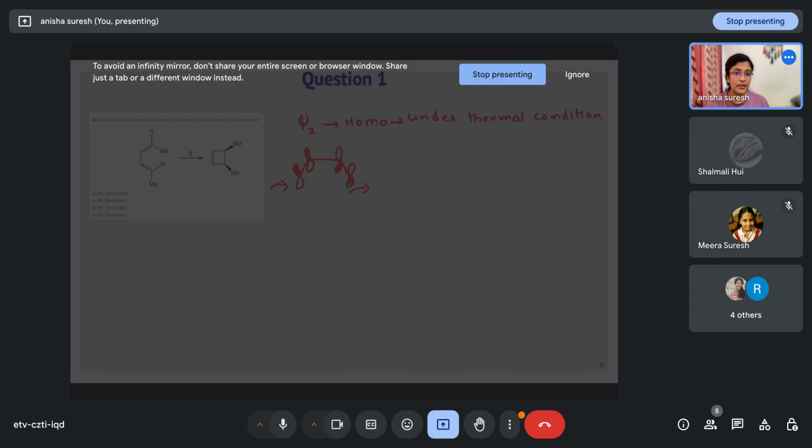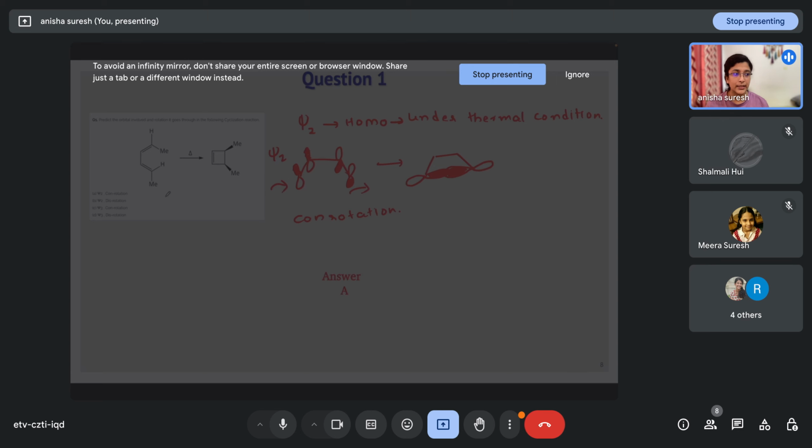Then only these two orbitals will be overlapping, leading to formation of new sigma bond. Okay, psi 2. So a rotation in the same direction is known as conrotation. So the correct answer will be psi 2 conrotation.